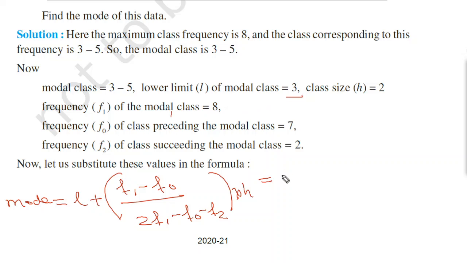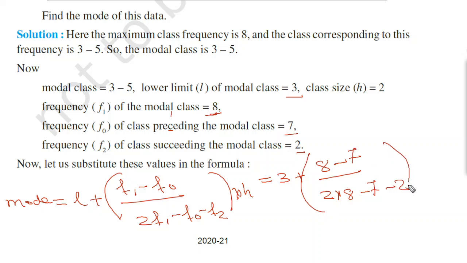L is 3, so we write 3 plus F1, which is 8, minus F0, which is 7, divided by 2 into F1, which is 8, minus F0, which is 7, minus F2, which is 2, into H, which is 2.